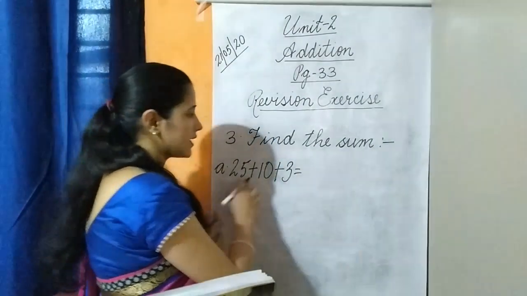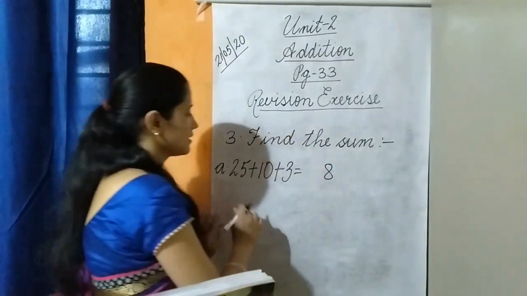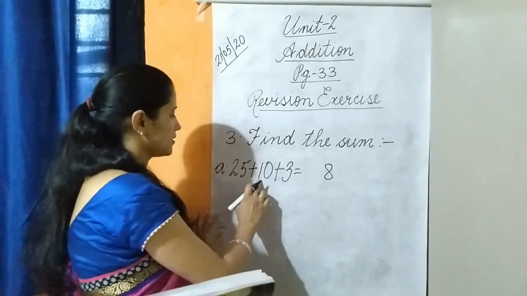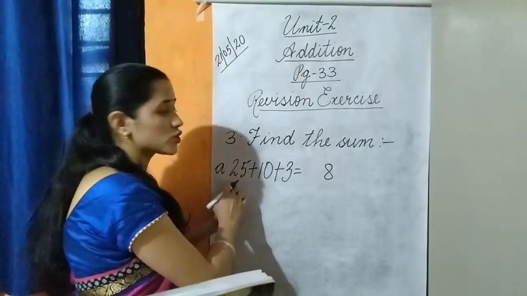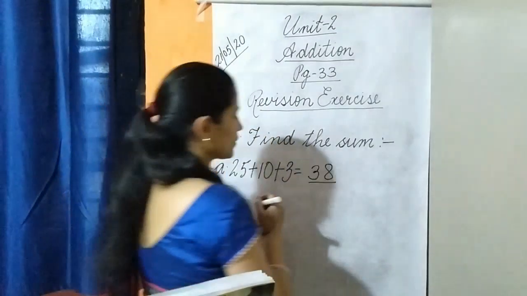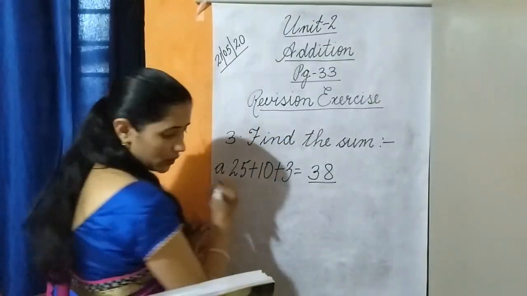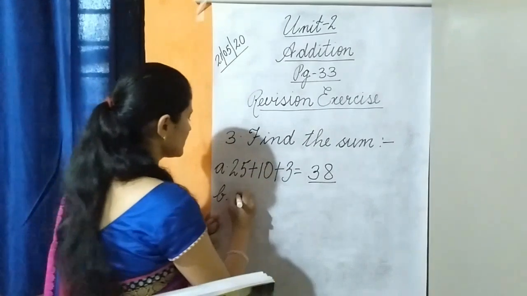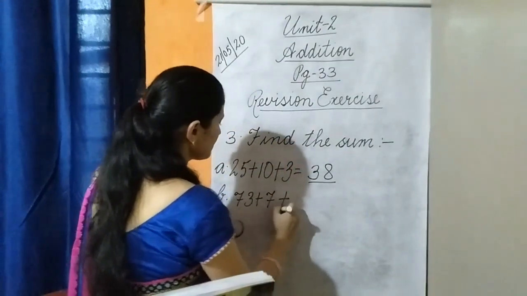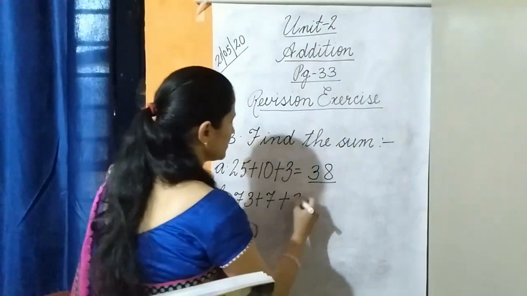So 3 plus 5, 8. Now here we don't have any number at tens place, here and here we have. So 1 plus 2, 3. 38. Now B is 73 plus 7 plus 20.